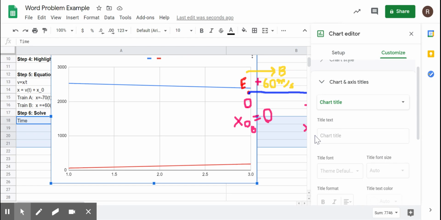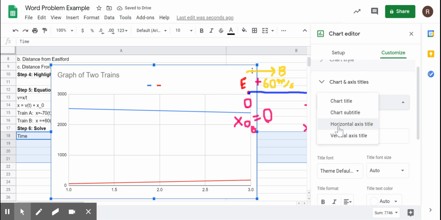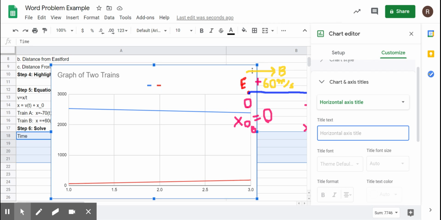Okay, chart title, I'm going to call this graph of 2 trains. We know that the horizontal axis title, so this one is for time in seconds.